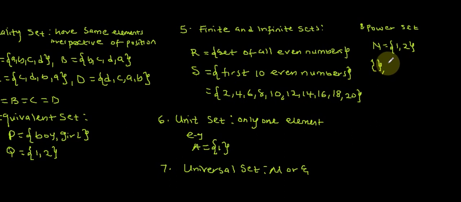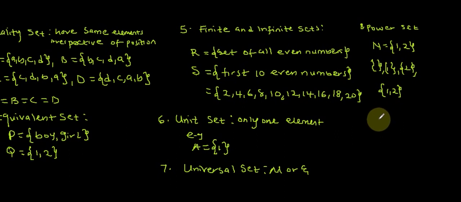So we have the empty set, then we also have 1, which is one of the elements. We have 2. After this, you now pick the remaining two together. So the power set of this has just 4 elements: the null set, element 1, element 2, and the set containing both.